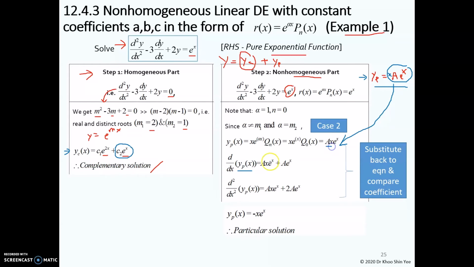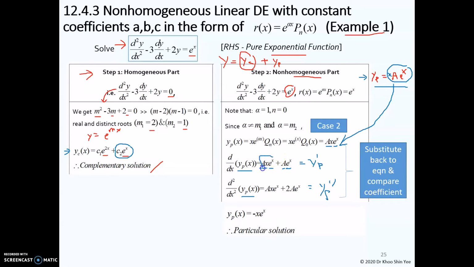So we constant the ax and differentiate ex, you obtain ex. And then we continue to constant the ex and differentiate the ax, you obtain a only. So this is your yp prime. Let's differentiate again to obtain the yp double prime.